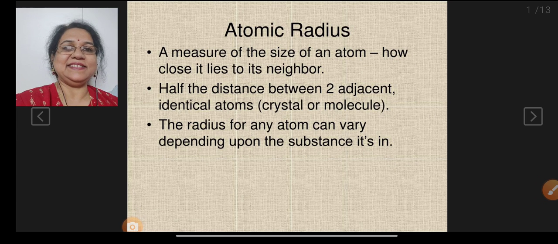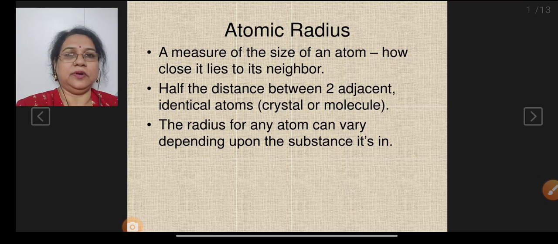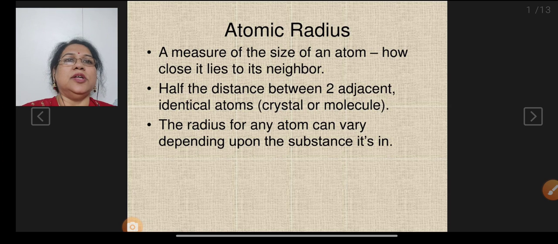Dear 10th A class, as we already started lesson number 1, periodic classification of elements, 15 days ago, from today onwards we are continuing the small sections of that lesson.